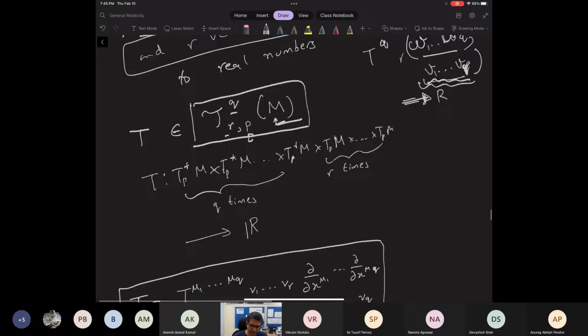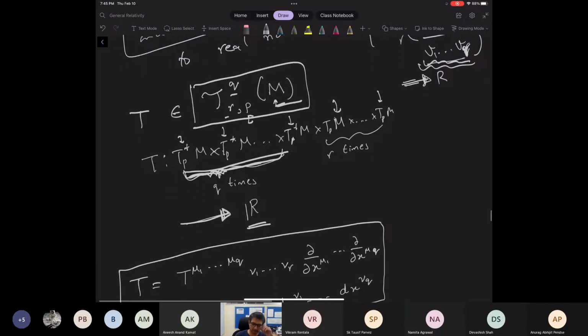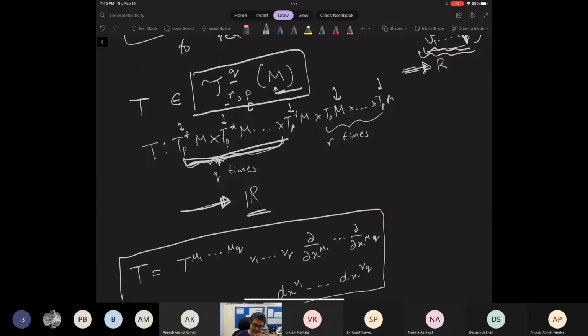So this tensor T is a particular map which takes you from Q dual vectors, one dual vector, another dual vector, and so on, times R vectors, and the output is a real number. That's what we define a tensor to be, and this is a tensor at a point P on a manifold M.